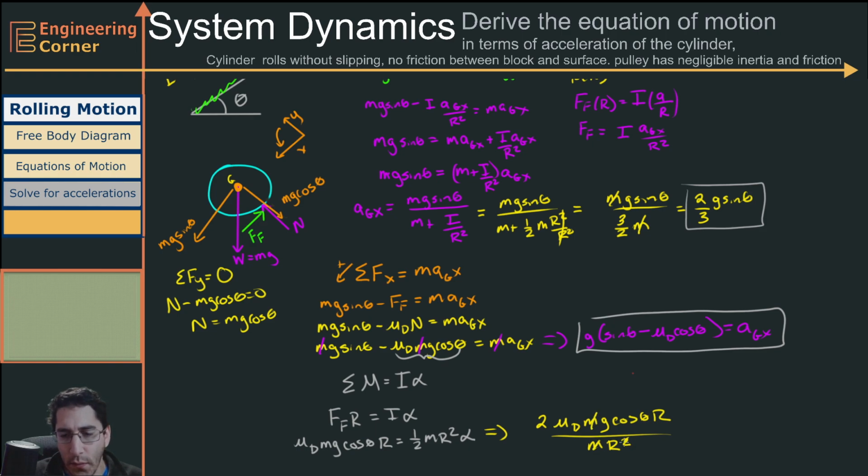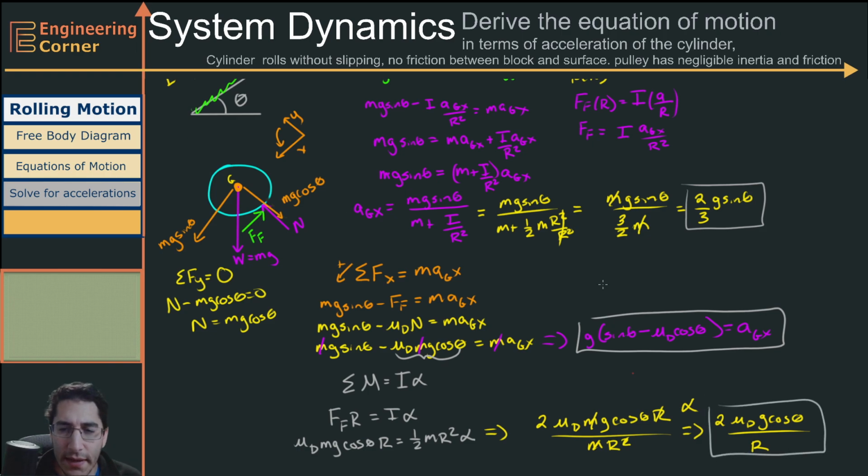The m's are going to cancel, one of the r's is going to cancel, and our final angular acceleration is going to be equal to 2 mu d g times the cosine of theta over r. And there you have it. Here's the angular acceleration if we slip. So this is with slipping. This is my acceleration. This is my angular acceleration for slipping.